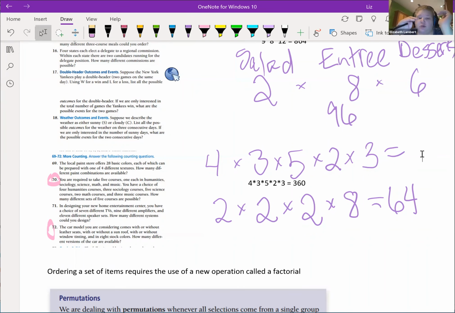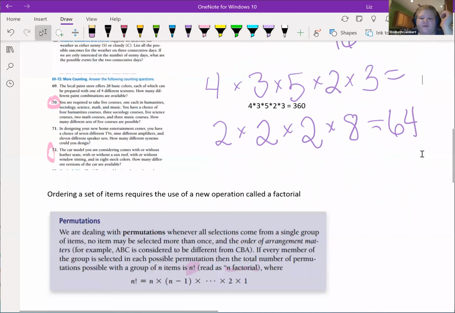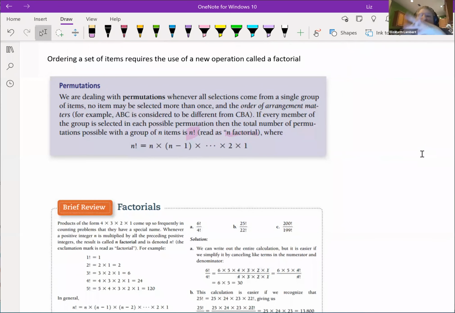Now, sometimes instead of dealing with just the multiplication principle, we're going to deal with this new operation called the factorial. So let's flip this down here. We're going to talk about it in 7E, permutations, which talk about when the order of an arrangement matters.